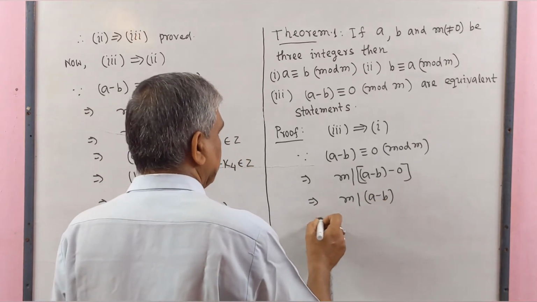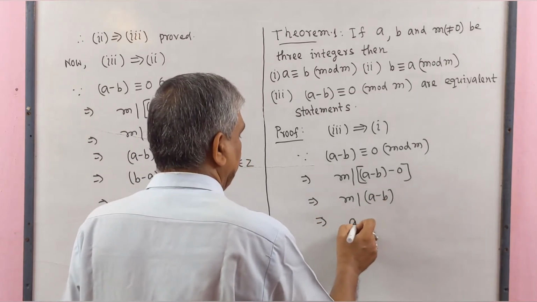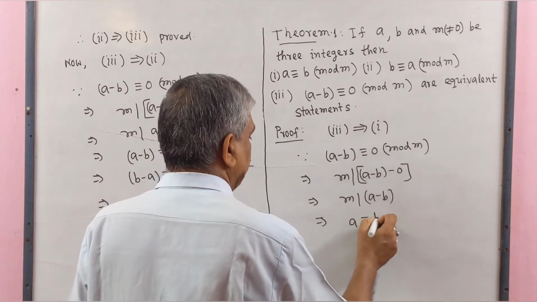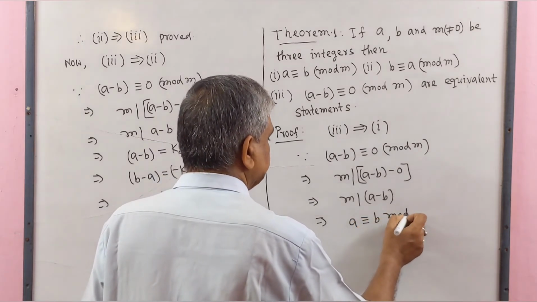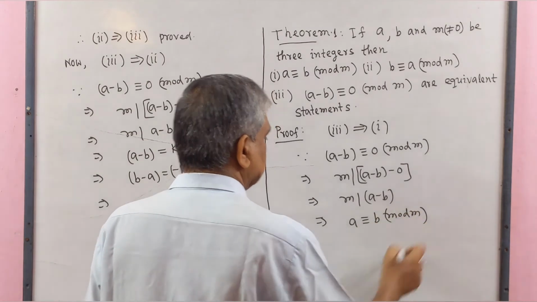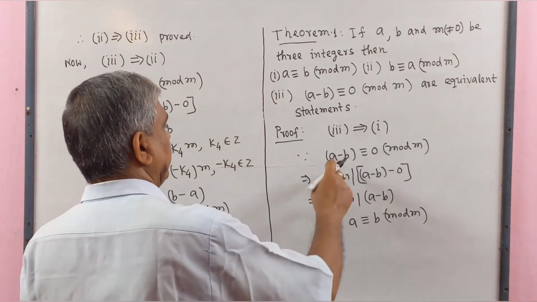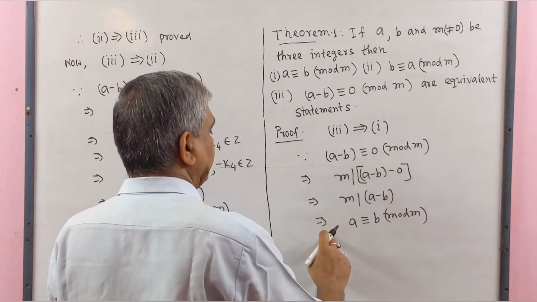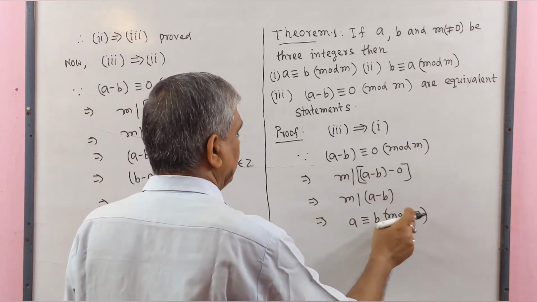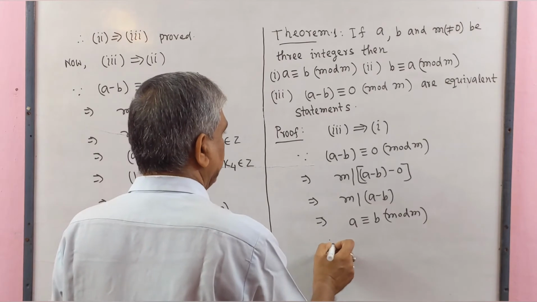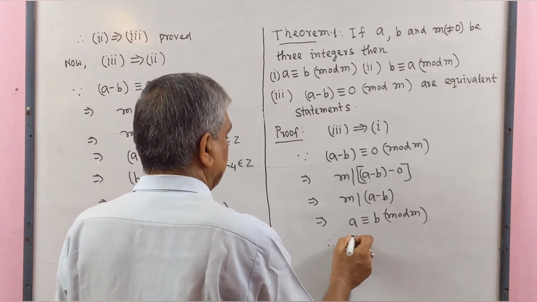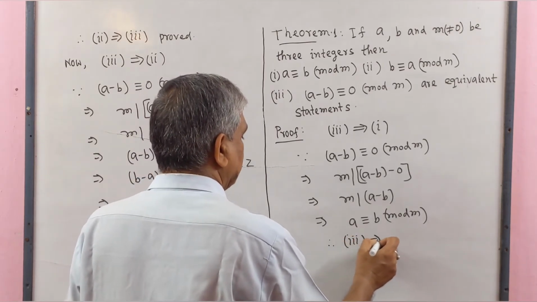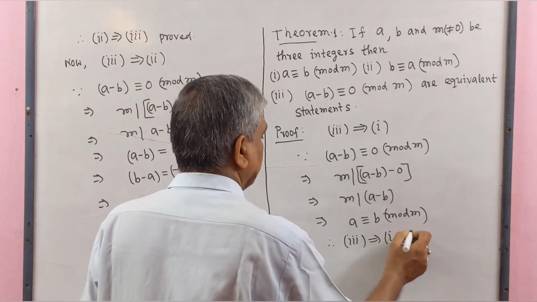And this means a is congruent to b modulo m. Therefore, a minus b congruent to 0 modulo m implies that a congruent to b modulo m. Therefore, 3 implies 1 proved.